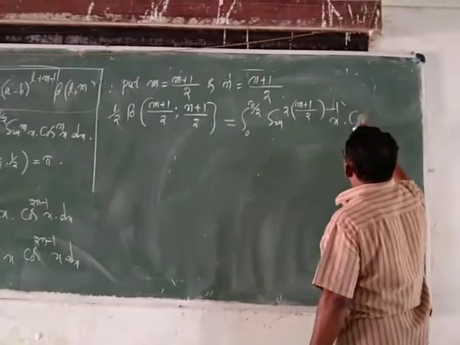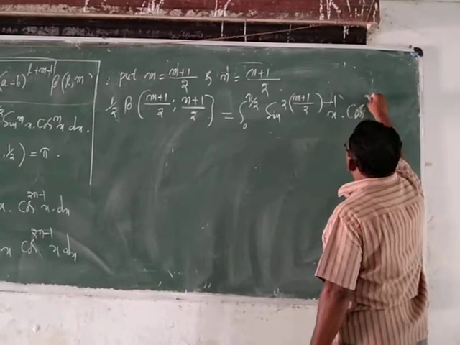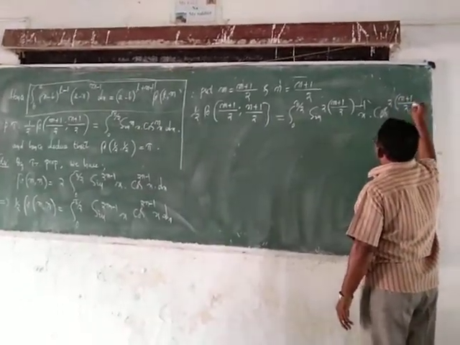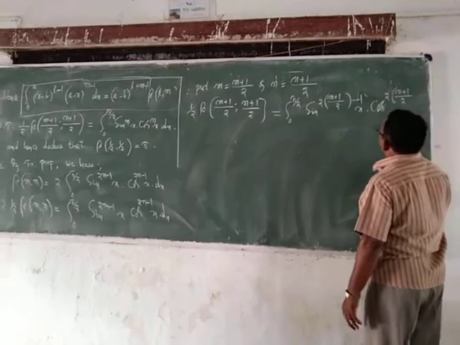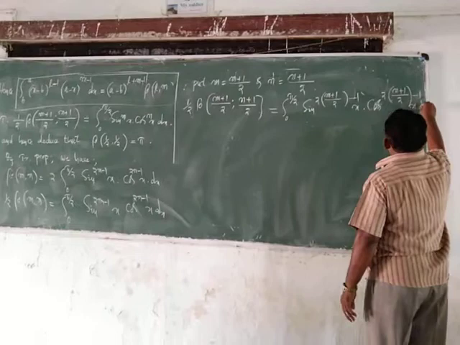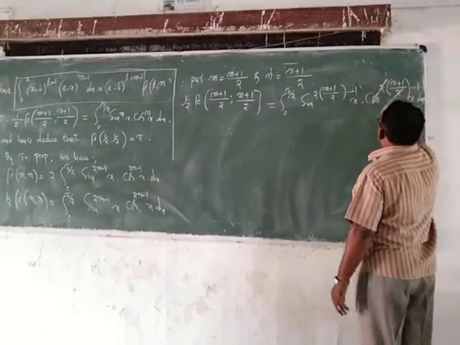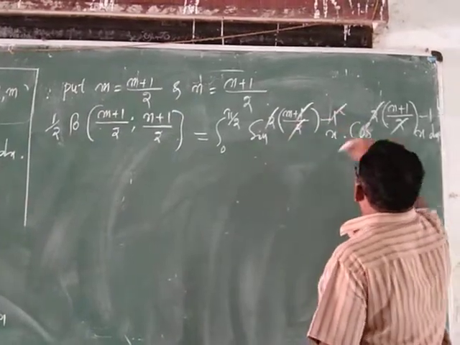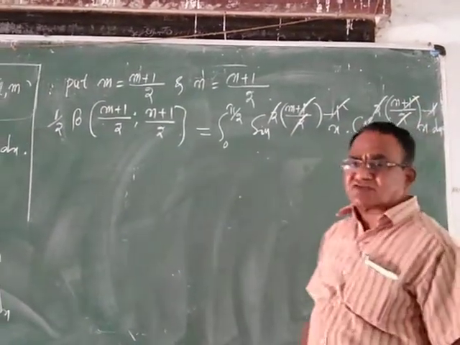Similarly, cos to the power 2 into n plus 1 divided by 2 minus 1, x into dx. Of course, this 2 cancels here, and this plus 1 minus 1 also cancels here.